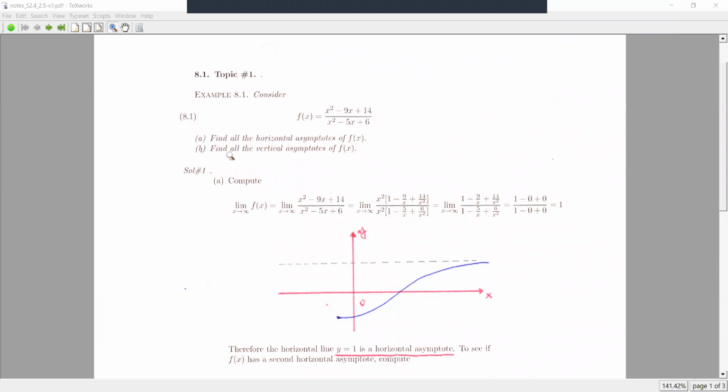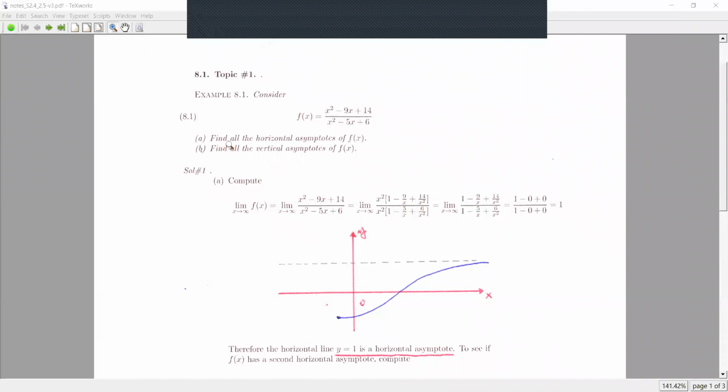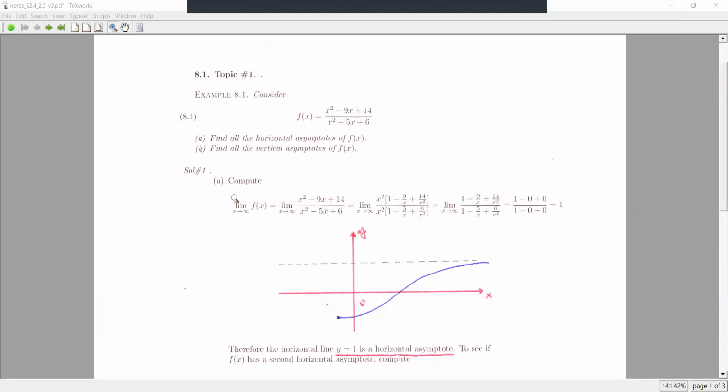Question B, find all the vertical asymptotes of the function. To find all the horizontal asymptotes, we need to compute the limit at positive infinity and the limit at negative infinity. Now let me compute the limit at positive infinity first.